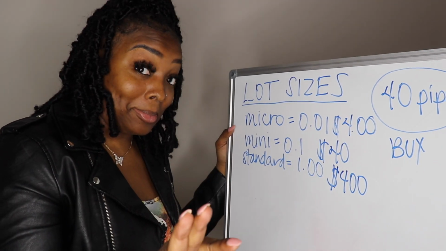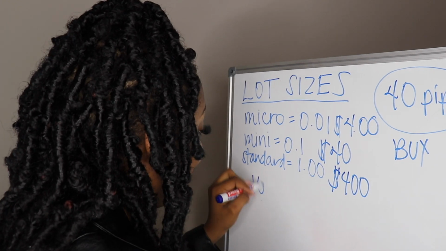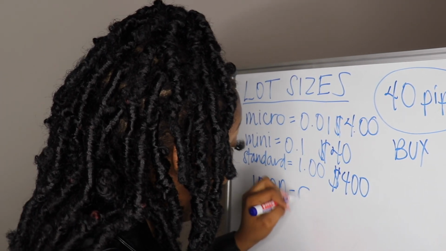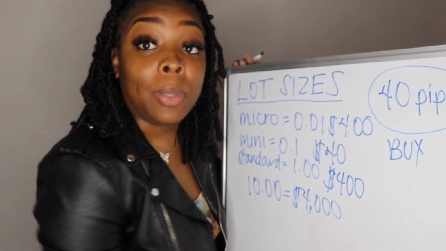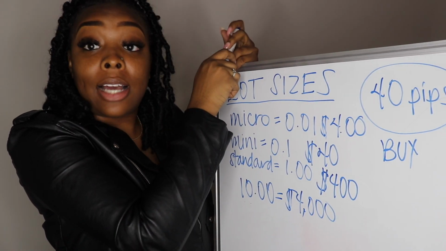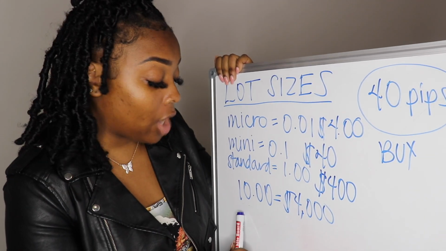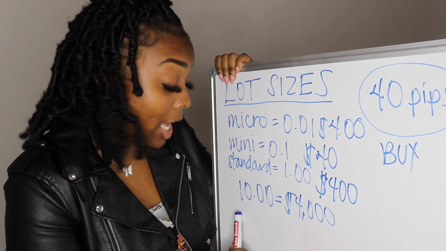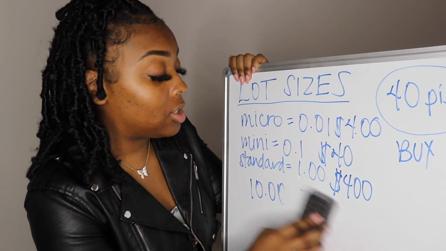Now, just to see it from $100, guys. That's 40 pips. That's $4,000. I'm sorry, guys. I'm so excited. That's $4,000. This is just off of the $100 lot size. Now, we're not going to worry about that because I don't want you guys getting so excited about that.